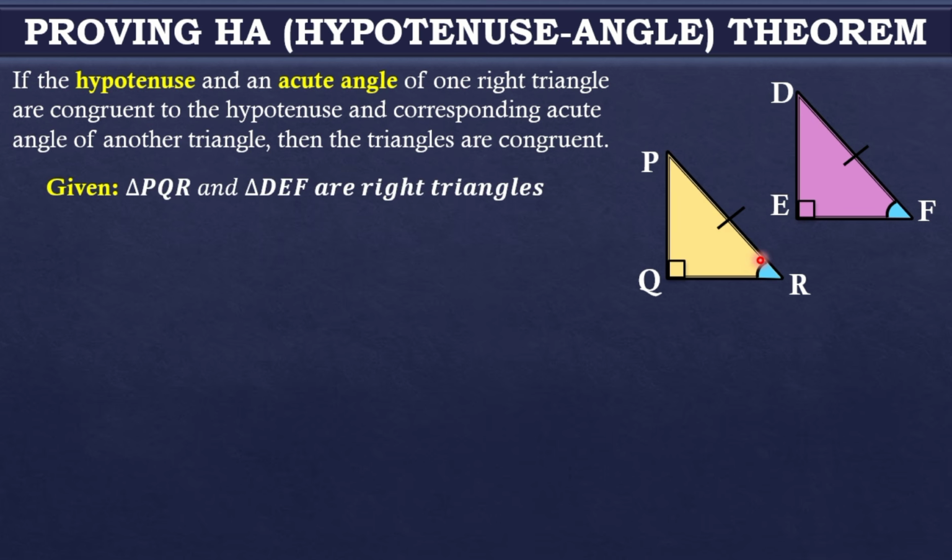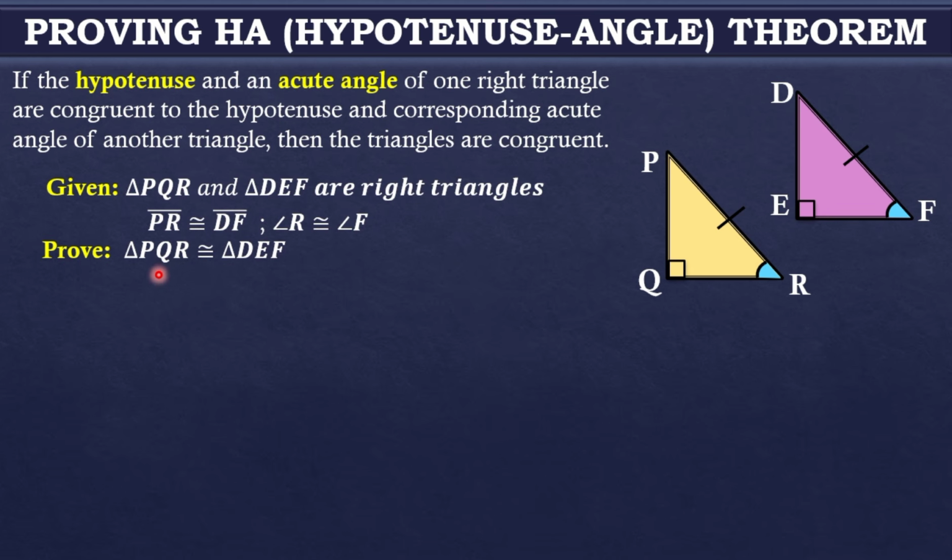So, i-prove natin ito. I have here triangle PQR and triangle DEF are right triangles. So that is our given. Also, we have segment PR is congruent to segment DF and angle R is congruent to angle F. So yun po yung ating given.